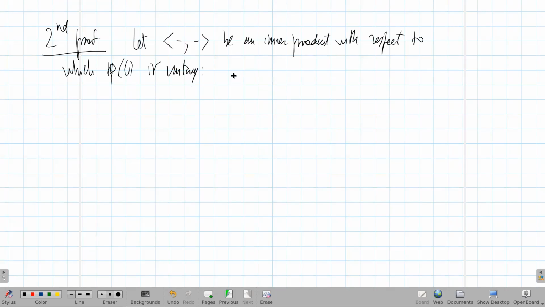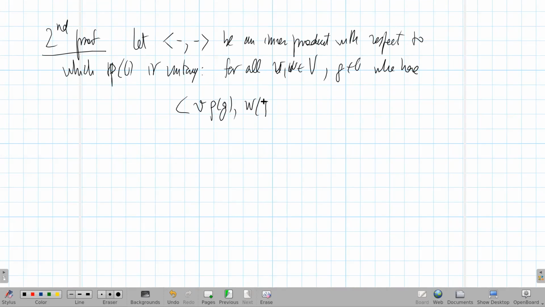Which means, let us recall, that for all v, w in V, and g in G, we have that the inner product of v rho g and w rho g equals simply the inner product of v and w.